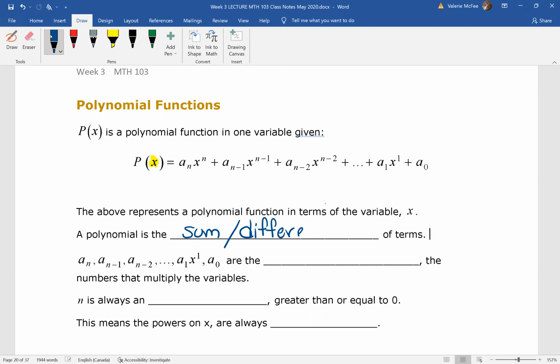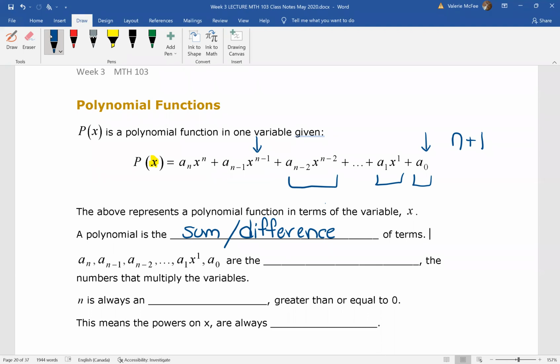If you look at this example up here, you can see we have all of these terms that are being added. And in fact, we know that there are n plus 1 terms since we have n, n minus 1, all the way down to 0. So this expression has n plus 1 terms.